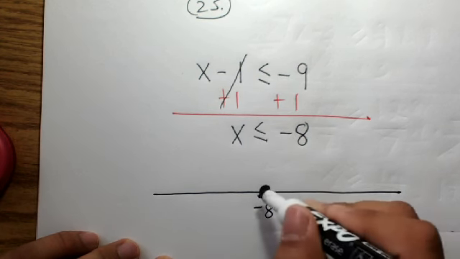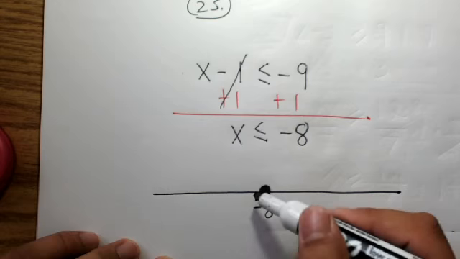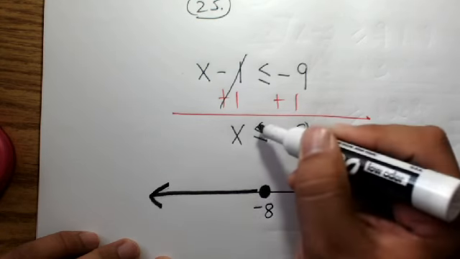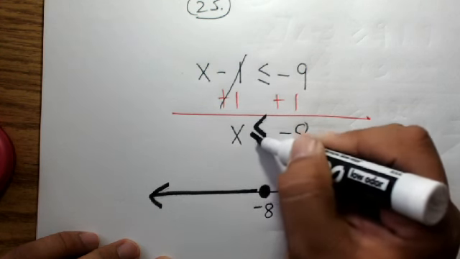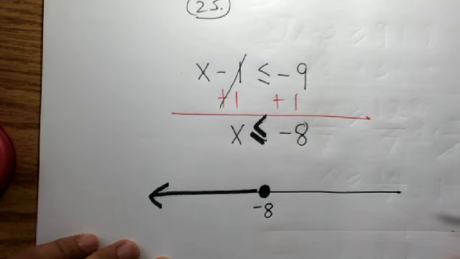Right? This way? No, the other way. Look at this arrow right here. Watch. Look at this arrow. Where's that arrow pointing to? That way. Therefore, it should be pointing that way.